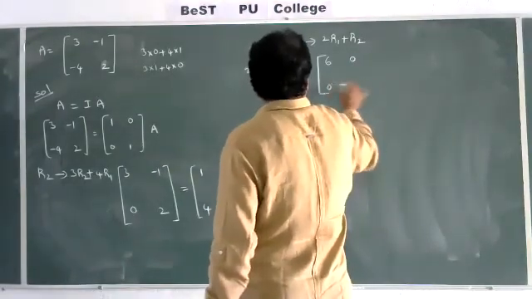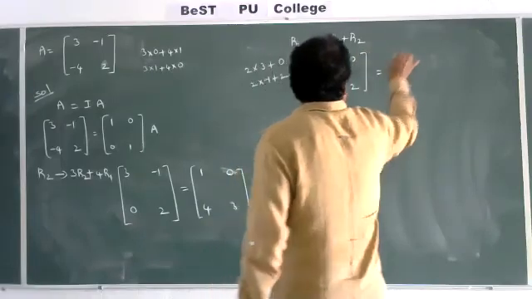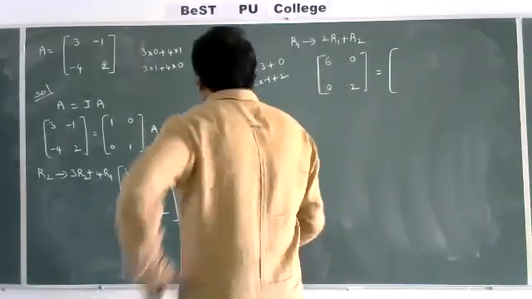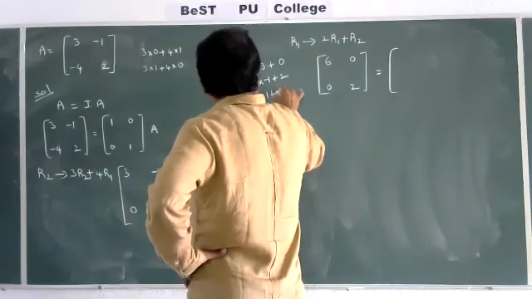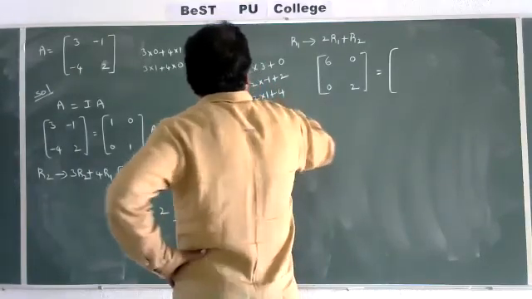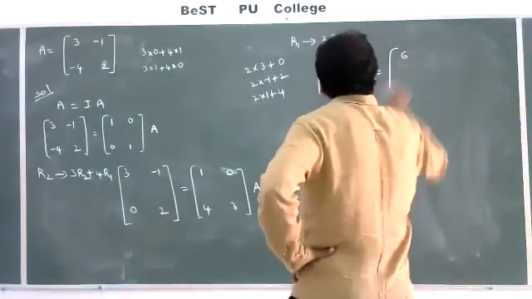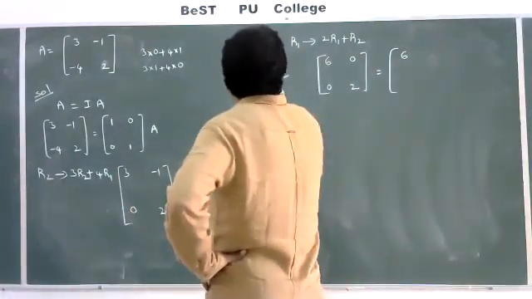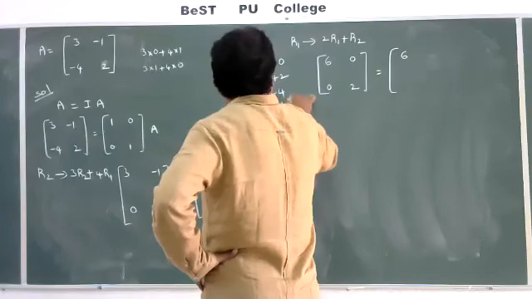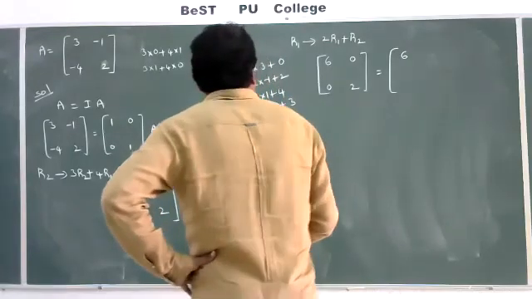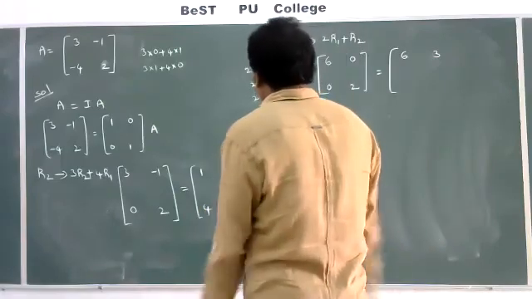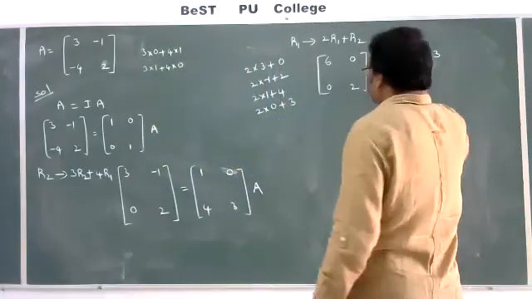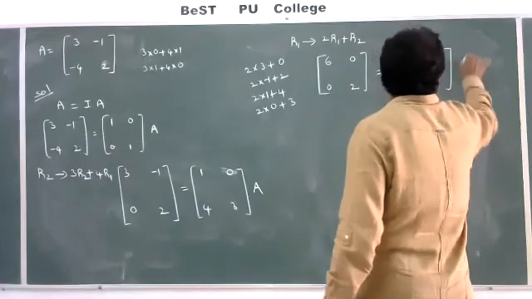Second row same, 0 and 2 is equal to matrix. 2R1, 2 into 1 plus R2, 4. That is 2 plus 4, 6. 2 into 0 plus 3, that is 3. Next, second row same, 4, 3, into A.